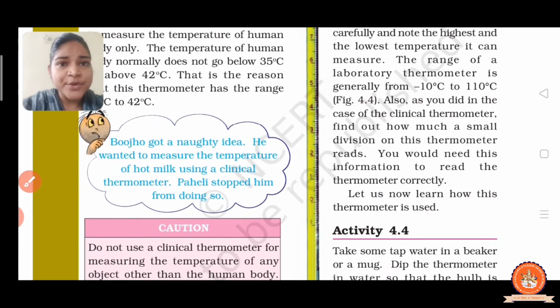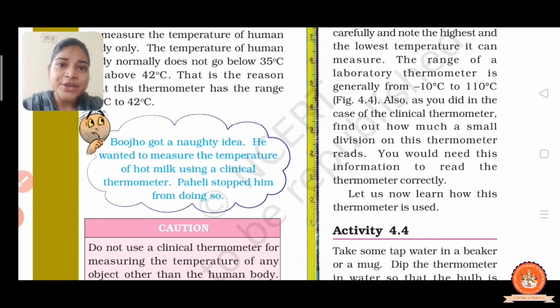And one more important thing: when you use the laboratory thermometer, ensure that the thermometer is in contact with the substance whose temperature is being read. Why? Because in the laboratory thermometer the kink is not present, but in the clinical thermometer the kink is present.